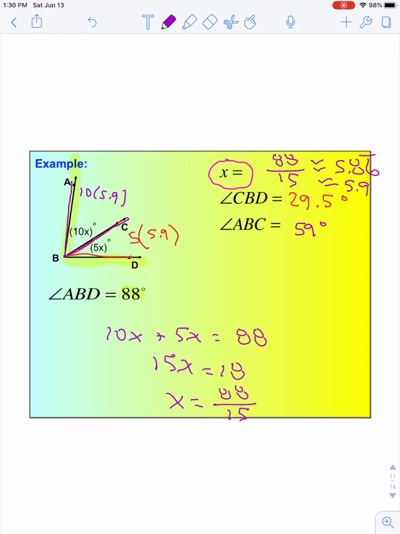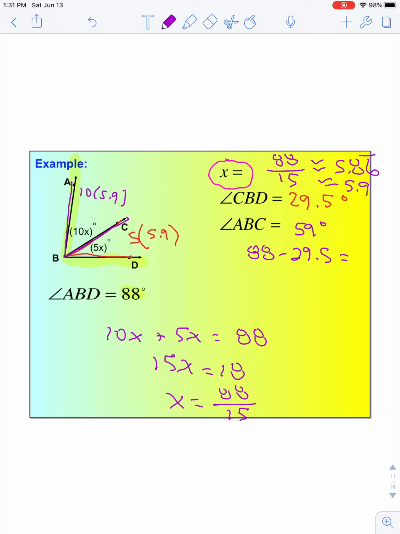Or I certainly could have found that by taking the whole angle minus 29.5, the angle that I've already found, and that still gives me 59 degrees. 88, that doesn't seem right. That might give me 58.5.